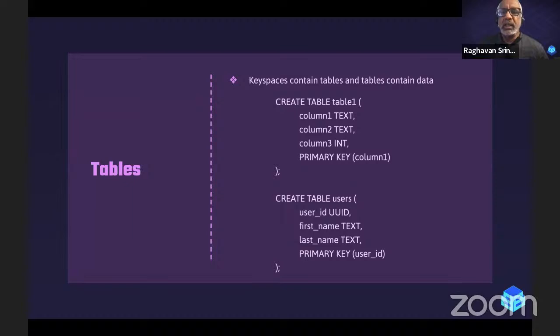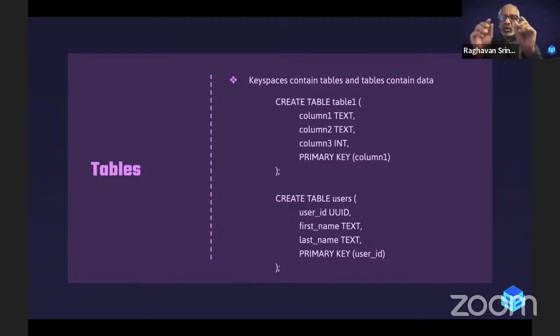The column 1 is a primary key. Unfortunately, we don't have examples of a composite key with the primary key, but we'll get into it during the demo. So I have a user ID, which is a UUID, and then I have first name, last name. You may be able to think of situations where you want the clustering key to be ordered around last name, so you can say clustering keys as last name, first name.